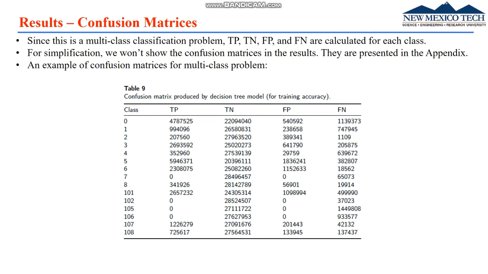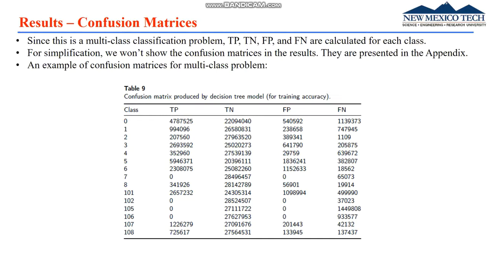After applying the machine learning algorithms on the dataset, we achieved some results, and the results are summarized in a confusion matrix. Because this is a multi-class classification problem, the confusion matrix should be calculated for each of the classes. Let me remind you that we have 15 classes.